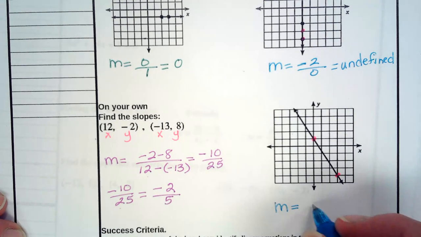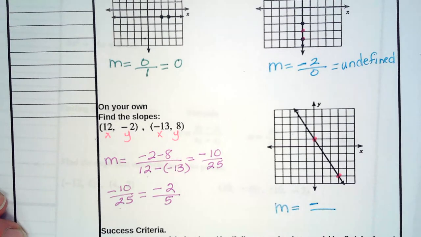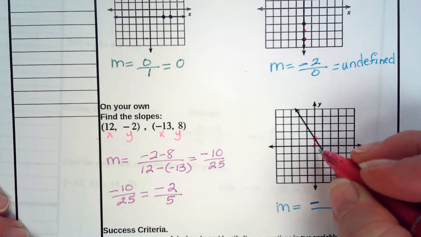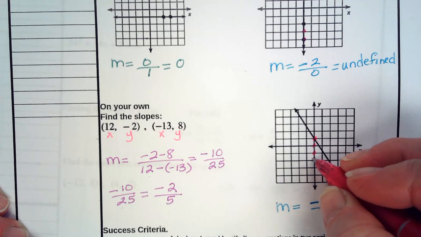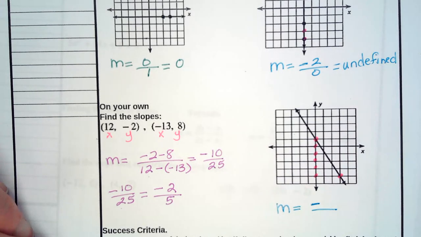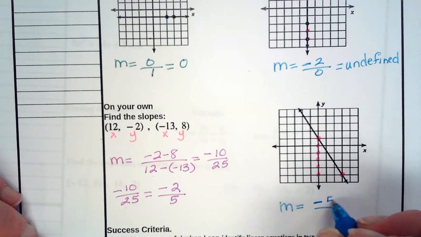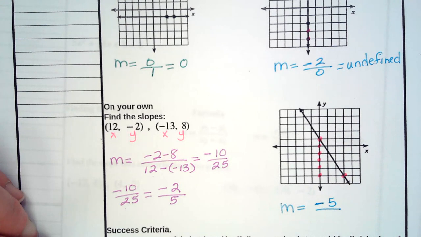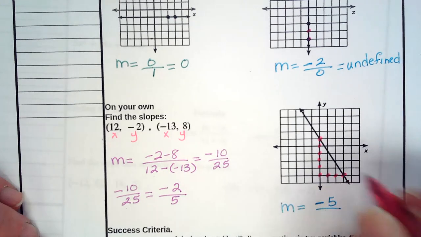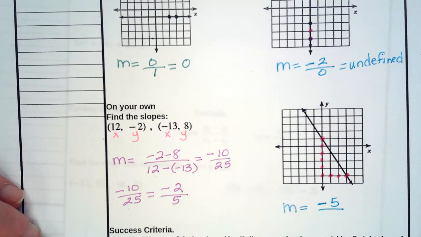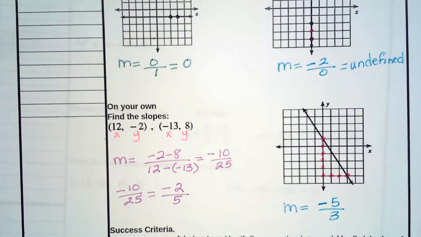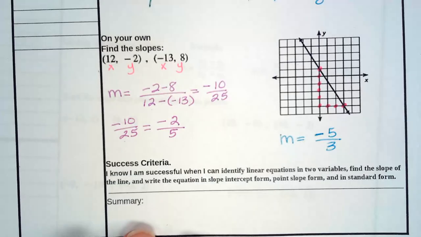Well, that is a negative slope. How many do I go down? 1, 2, 3, 4, 5. I've gone down 5. And how many do I go to the right? 1, 2, 3. So it's -5 over 3. Can I simplify? Nope. So that is our slope.